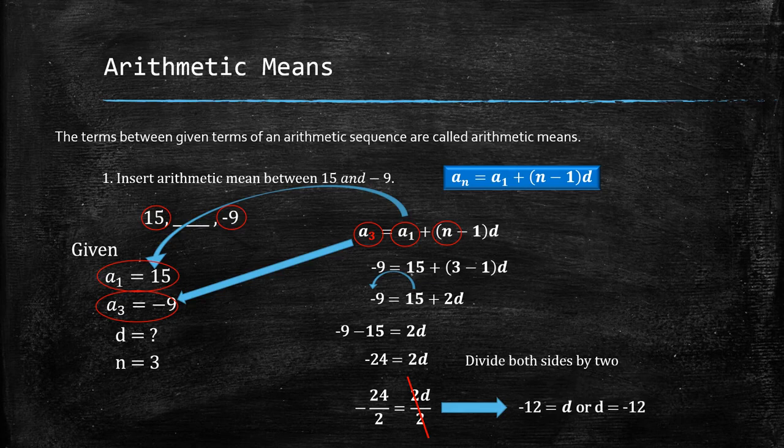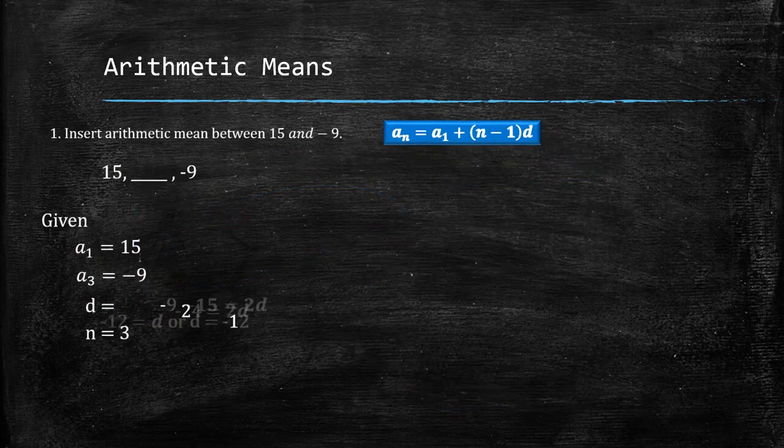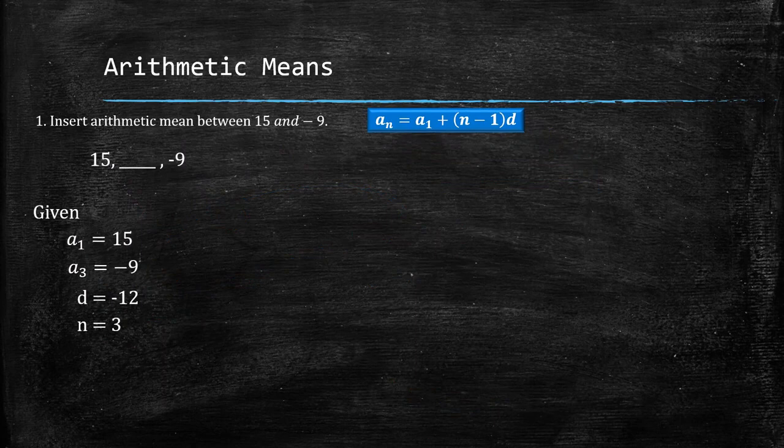So class, this time we have solved d, which is negative 12. We all know that once we have the difference, we can solve for our sequence. So what we will do is add the difference to our terms. We add negative 12 to 15, which makes it positive 3.